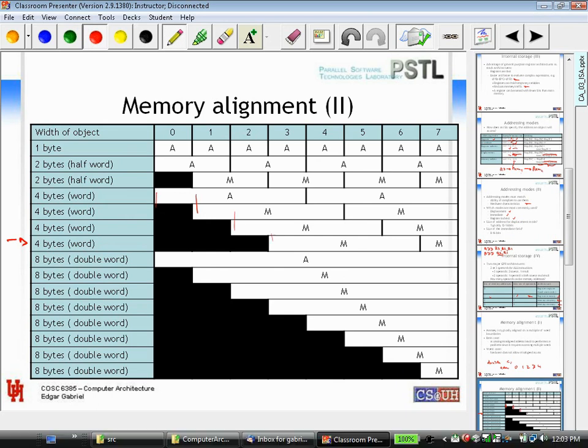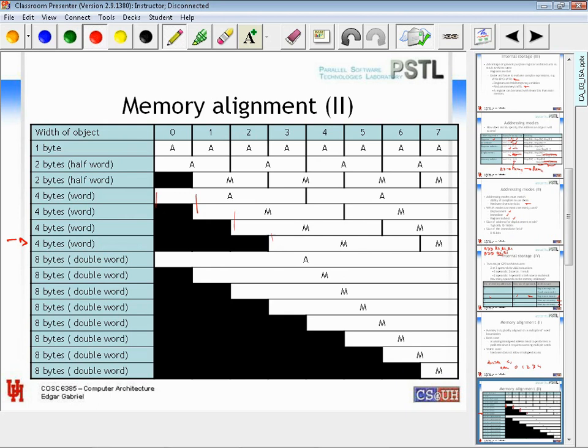However, you can start it again for a 4 byte word at a multiple of 4. The same for an 8 byte word. You can basically start the 8 byte word at the address 0 and any address that is a multiple of 8, but you cannot start it in between because this will lead to misaligned memory accesses.